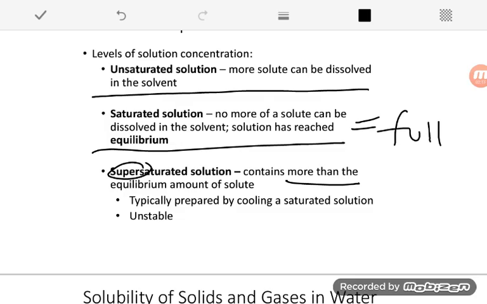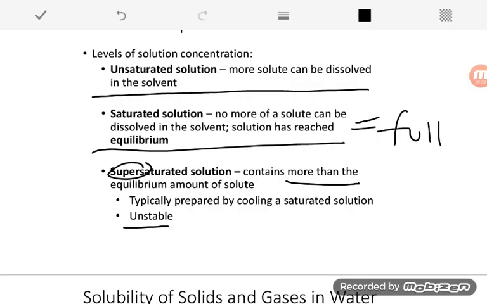So this is like when you make sweet tea. You don't add the sugar when the tea is cold, you add the sugar when the tea is hot. And that way you can dissolve a lot more sugar in that tea. Now these solutions are pretty unstable. Eventually the solution does realize that it's too saturated and some of that solute turns back into a solid and so it's not dissolved anymore.